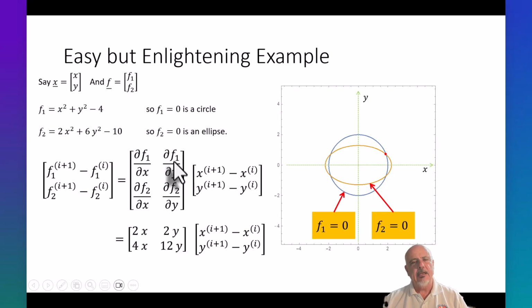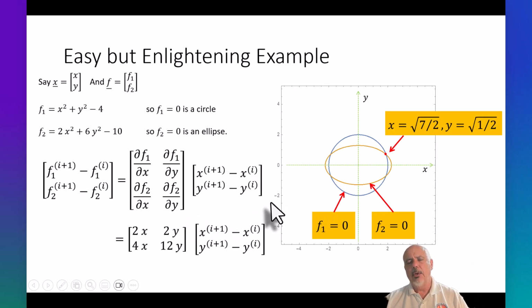If you take a look at F1 with respect to y and F2 with respect to y, F1 would be 2y. 2y is going to be in that upper right location, and then F2 with respect to y is going to be 12y. So it's very simple, and of course all the other terms go away, and that's going to be your Jacobian. That's going to relate the change in your variables to the change in your functions. So that's the idea.